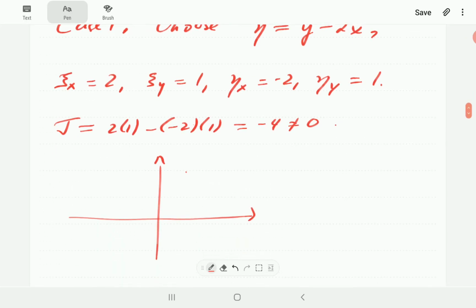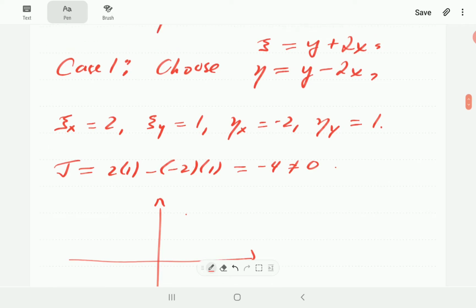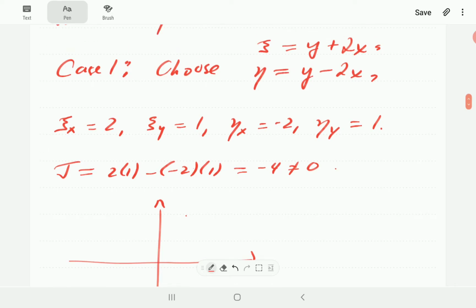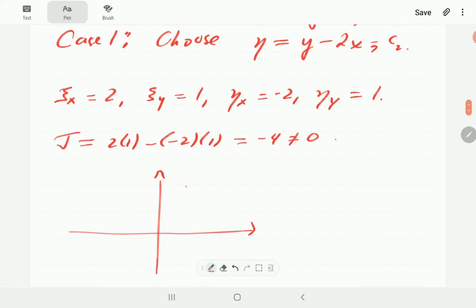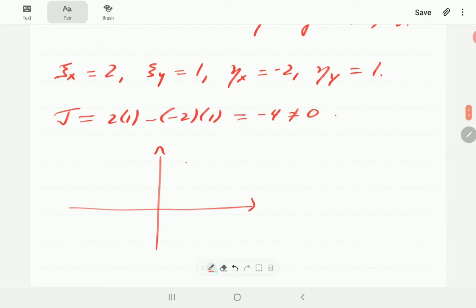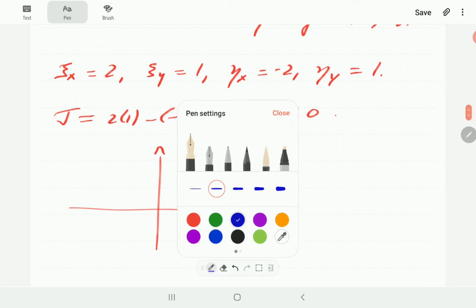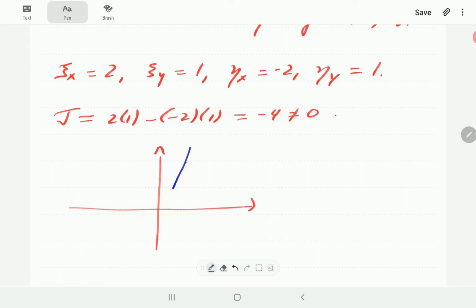In this case we can actually see that these are not going to be parallel, because if you take the etas, for instance, equal to constants, if C2 is a constant, this is y equals 2x. So it's just going to be a straight line going through the origin with gradient 2.